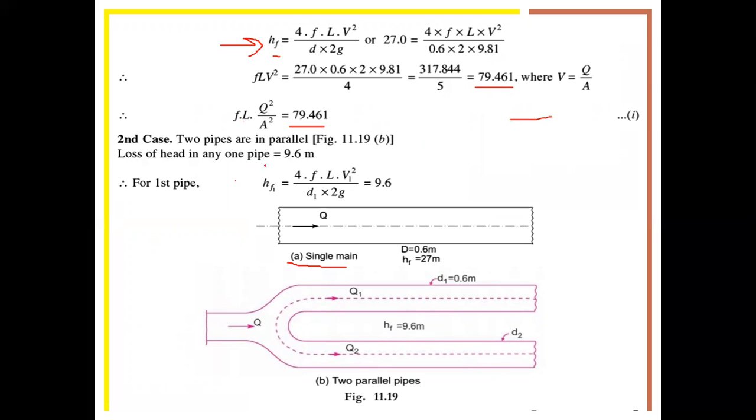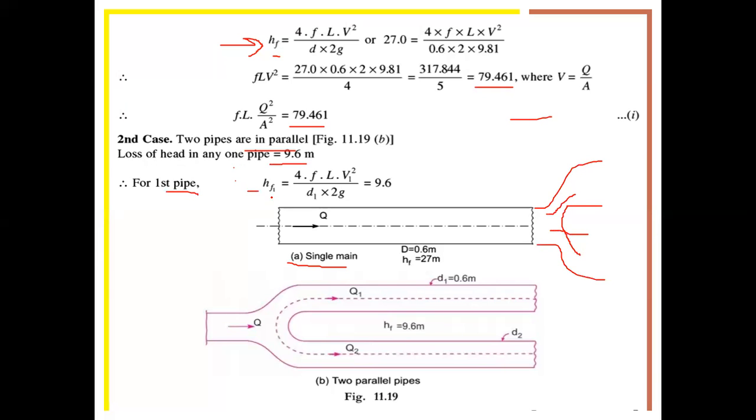Now the second case: two pipes are in parallel. What is the loss of head in one pipe? The loss in one pipe is 9.6 meters. Therefore, for the first pipe, call it HF1; this is the first pipe and this is the second pipe. This is the main pipe, and from it the flow splits and goes like this. So in the second case, this Q is split into two: Q1 and Q2.